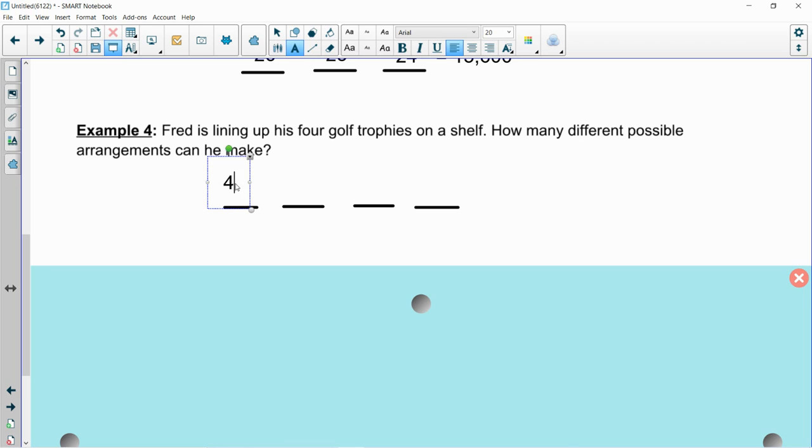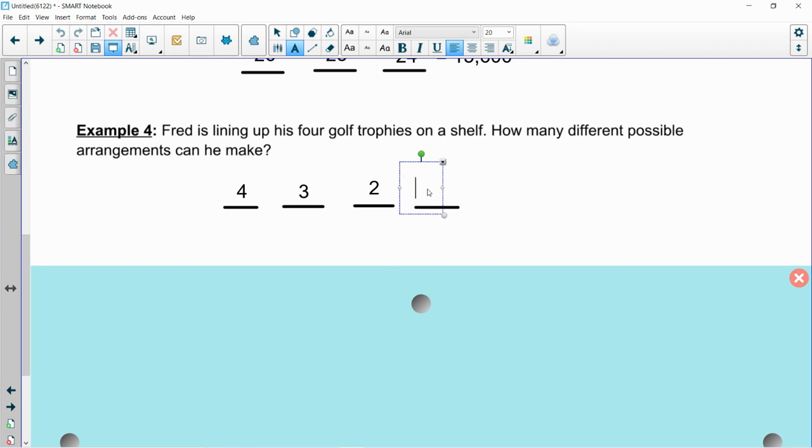So Fred decides to put his first golf trophy up on his shelf. He can choose any of the 4 that he has. So he has 4 options to choose from, and he puts one on the shelf. Then he goes to select a second. There's only 3 there because one's on the shelf. So he chooses one of the 3 options that he has. Now that he's placed 2 of the trophies on the shelf, he only has 2 left to choose from for that third position.